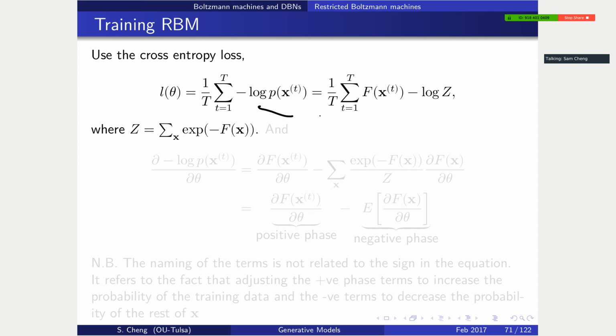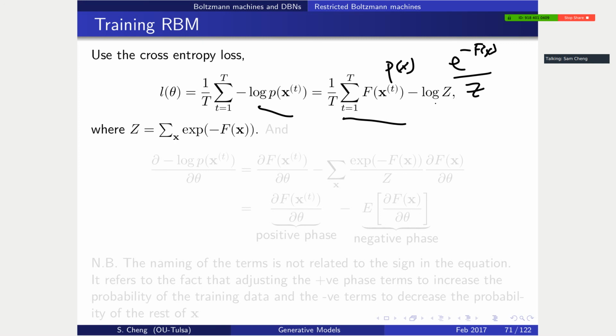Then we know p is just equal to this. Earlier we said p is equal to exponential of minus F(x) over Z, something like that. So this is p(x) here. If we take the log, we have minus F(x) here.